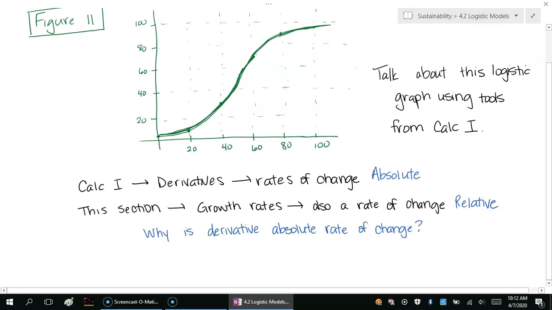The key difference between an absolute rate of change and a relative rate of change is whether we are just measuring the change in the y values, or if we are measuring the change in the y values relative to the y value itself. So graphically, are we considering the height of the graph when we talk about a rate of change? And when we talk about a derivative, we don't.